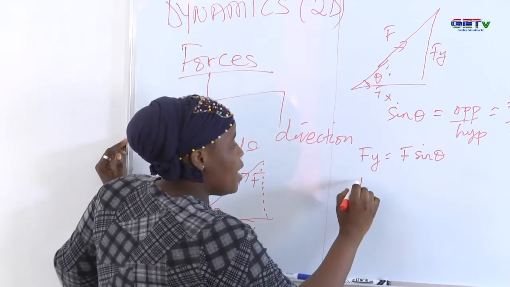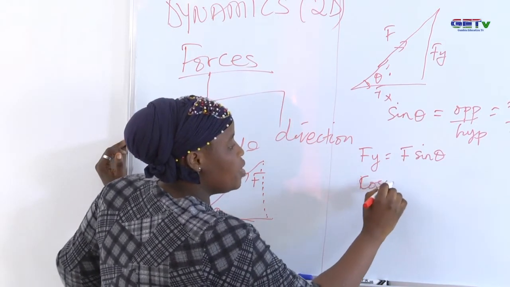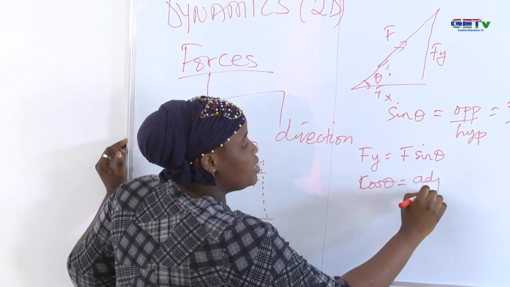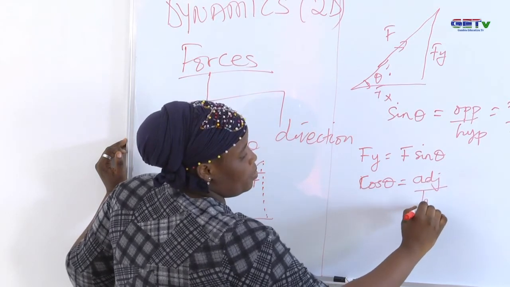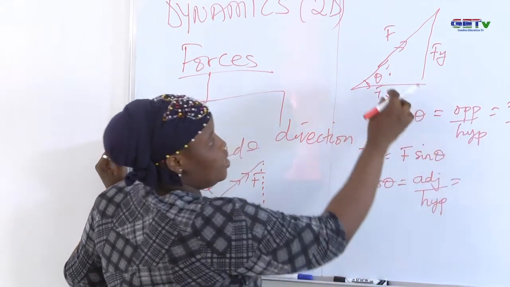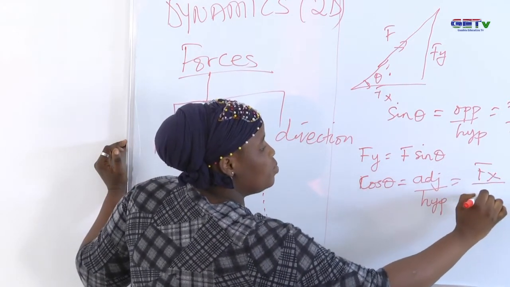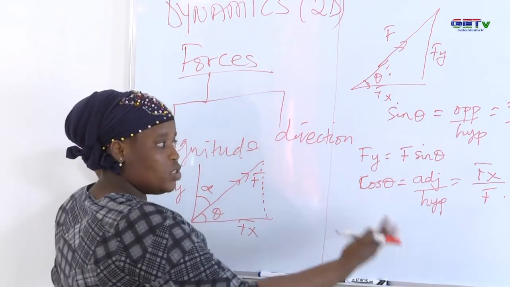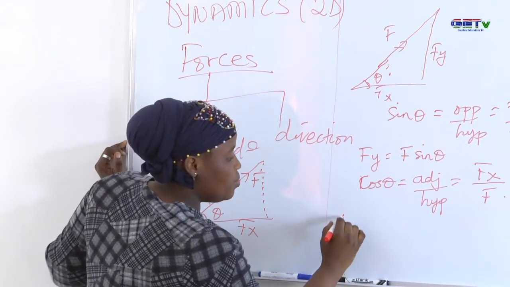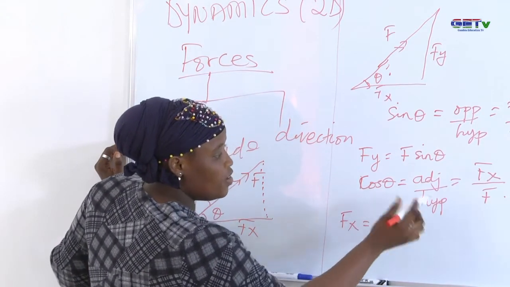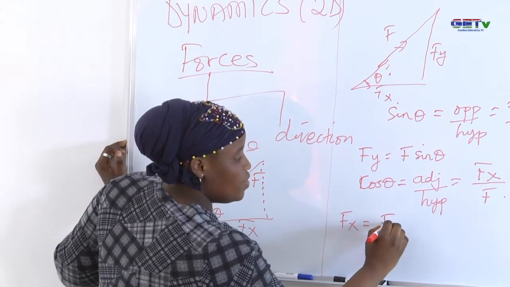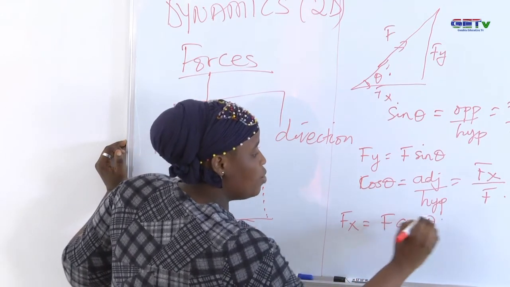And the same thing applies when we use cos theta. It becomes the adjacent side over the hypotenuse. Looking at the angle, the adjacent will obviously be Fx, and the hypotenuse will be F. If we simplify this, we obtain Fx, which is equivalent to the magnitude of the force times the cosine of the angle theta.